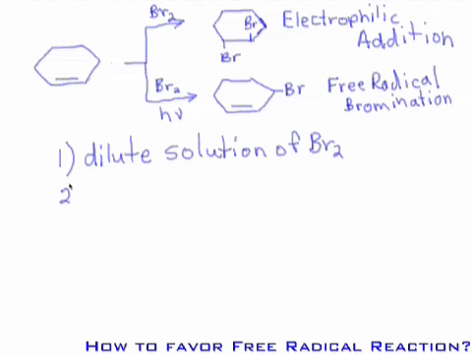The next thing we can do is high temperatures. Higher temperatures favor radical formation. Just remember, we use Br2 in light here. Well, you can use Br2 in light. You can use higher temperatures. High temperature helps the bromine to form radical. These two conditions will help favor free radical bromination, but they will not totally eliminate the electrophilic addition side reaction, and so you're going to have impurities.